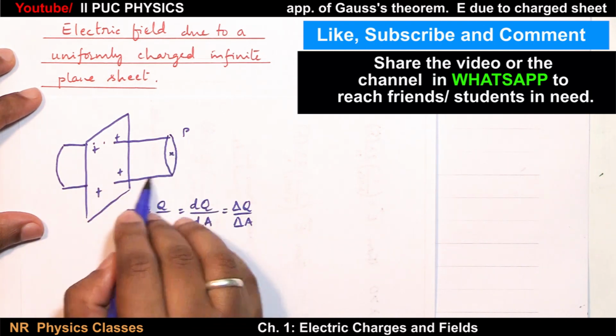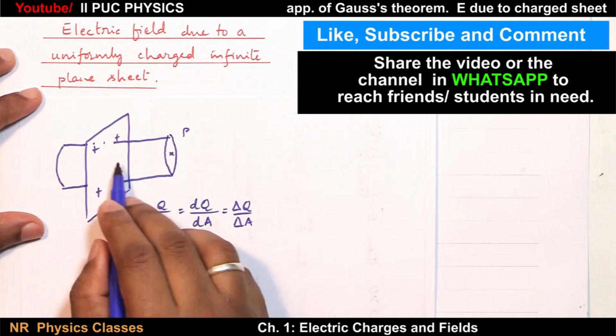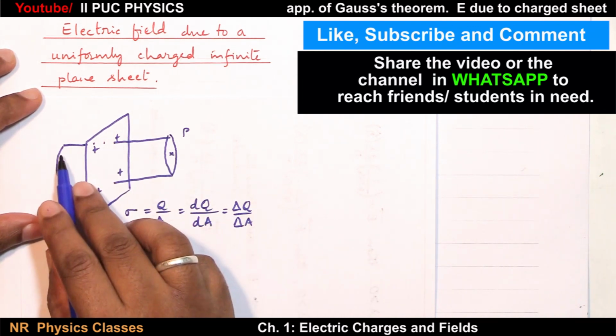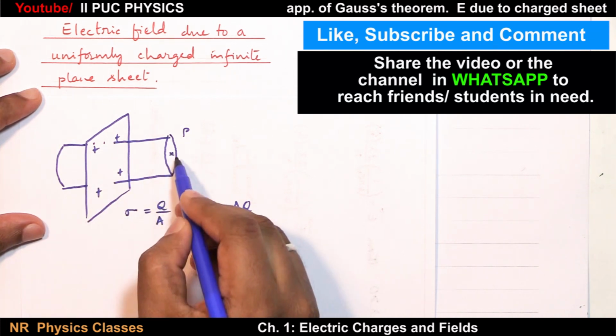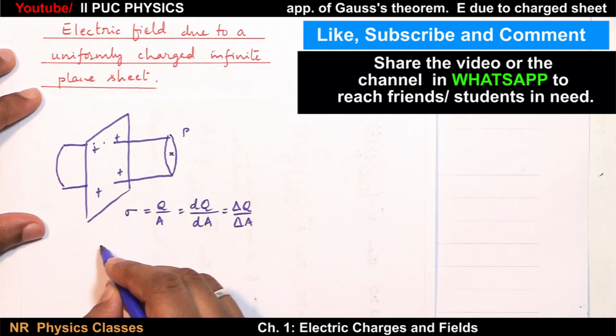Instead of cylinder, you can also take a cuboid, but it is easy if we consider a cylinder.